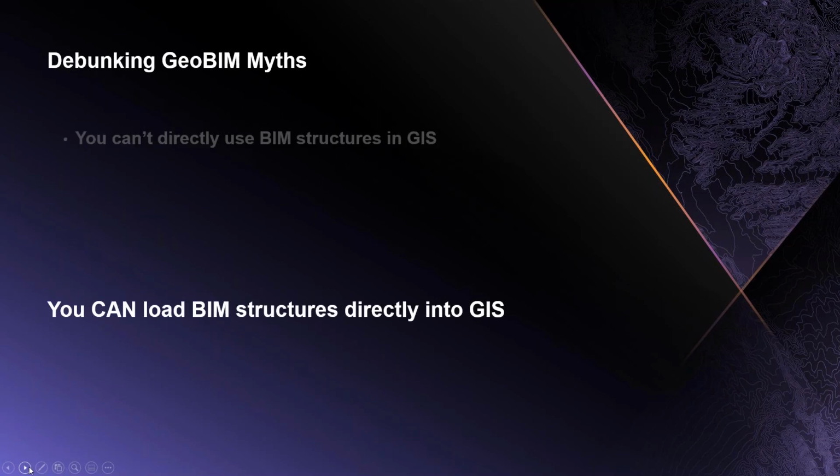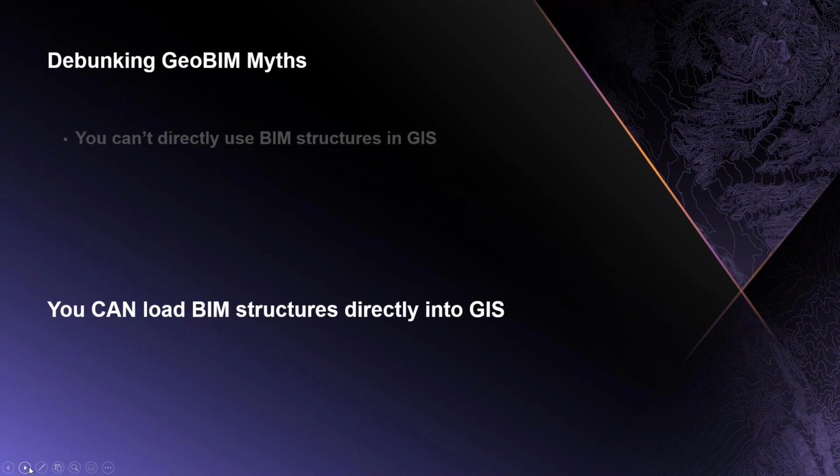You can actually directly load BIM structures directly into ArcGIS or ArcGIS Pro. This is because of the partnership that Esri has forged with Autodesk, thereby allowing you to make use of your IFCs, your BIM data structures, your BIM data models by directly dragging and dropping them and making use of them within ArcGIS Pro.